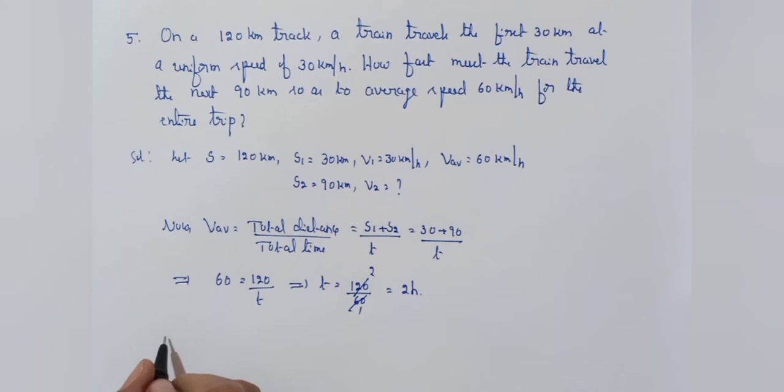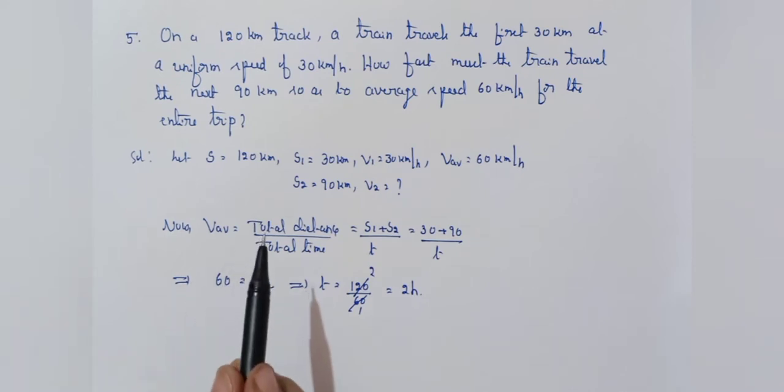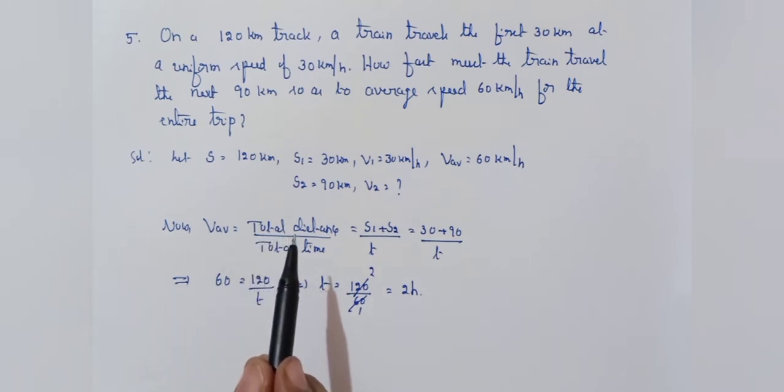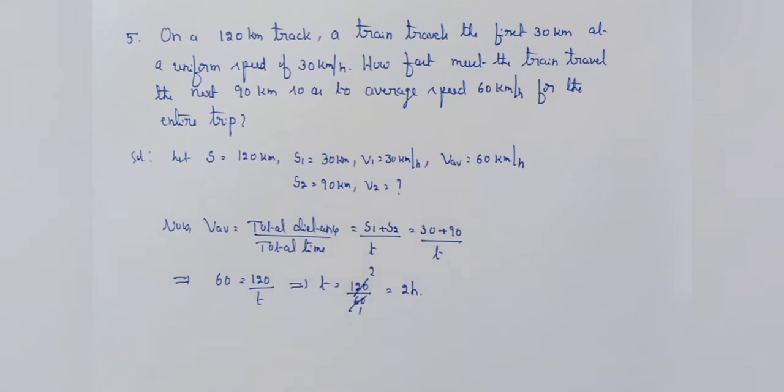Now you know S1 is given, that is 30 kilometer. V1 is given, 30. So find out the T1. Therefore T1 is equal to S1 by V1. The S1 is 30 and V1 is also 30.